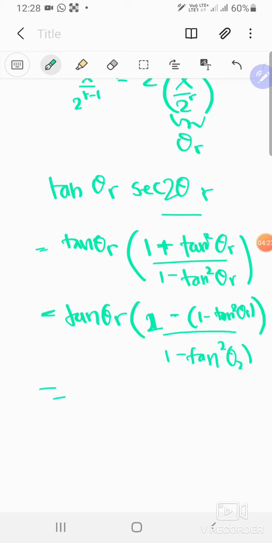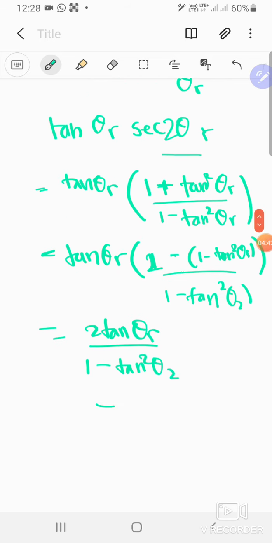Wait, I can see that something is happening. You have 2 tan theta r upon 1 minus tan squared theta r, and then you have minus something. So this cancels completely, so we just have minus tan of theta r, right? So just tan theta r.